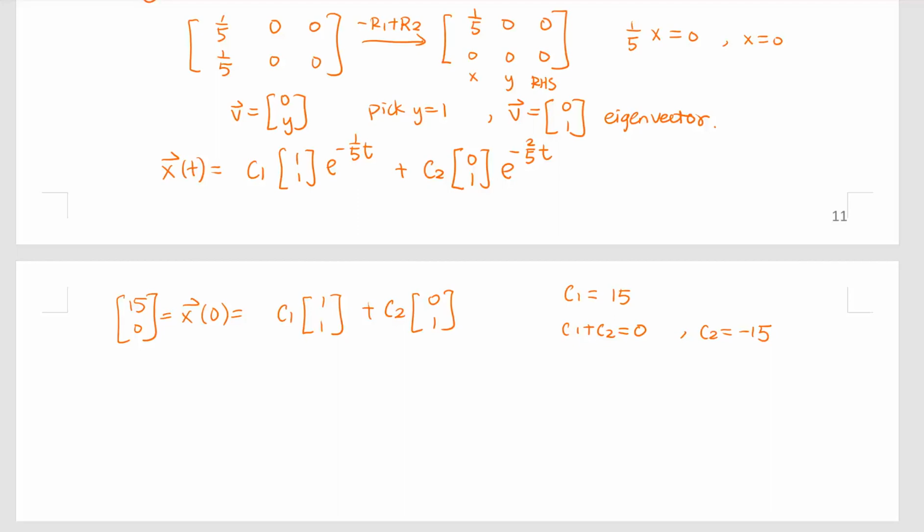So our solution, x of t, is C1, which is 15, times (1, 1) e to the minus 1/5 t, plus C2, which is negative 15, times (0, 1) e to the minus 2/5 t.